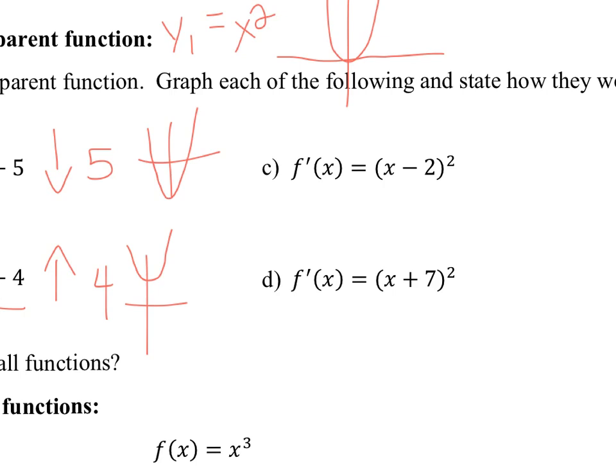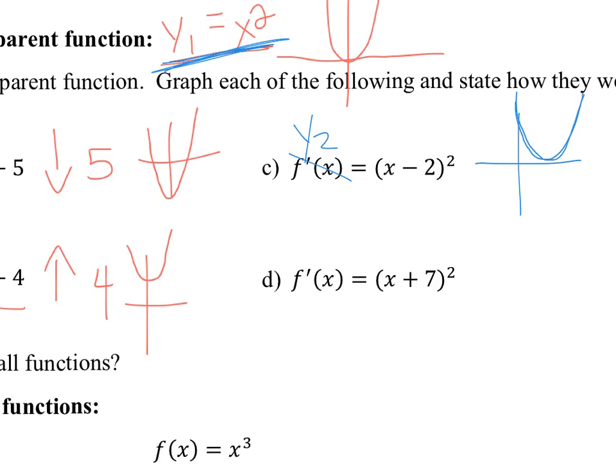So remember, erase your y2, keep your y1 as x squared, and make this one y2. Now what do you think is going to happen? And then what actually does happen. Hopefully you realize that this one moved it to the right. Let's make it a little thicker.